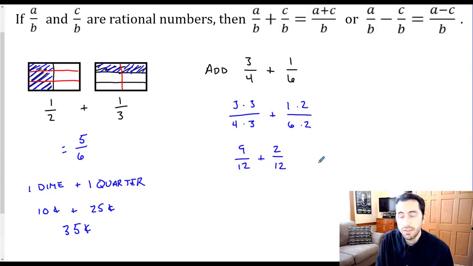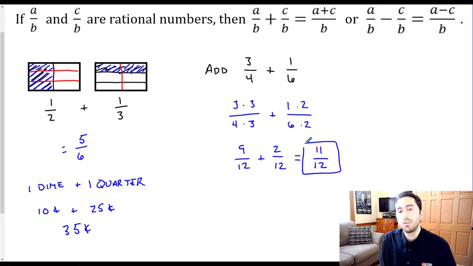Now that they have the same denominator, now that they're expressed in the same size, we can add them together. So 9 plus 2, we get 11 over 12. And here's our final answer. As always, you would want to double check to see if you can simplify further, and if so, you would want to do that. But otherwise, the same exact rules apply when you're subtracting fractions as well.